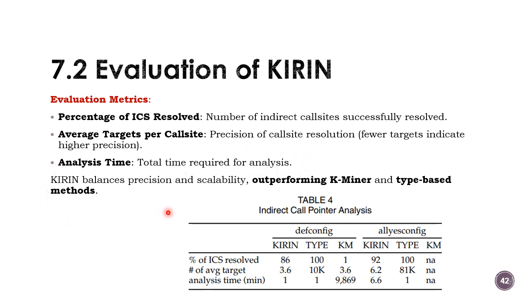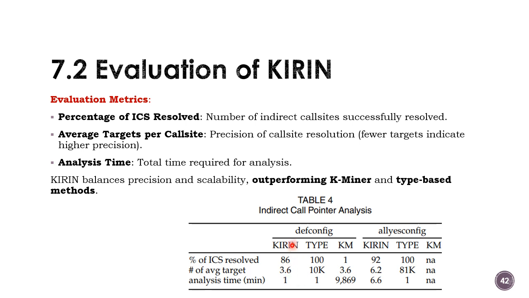And eventually, in the results, as can be seen in table 4, Karen can balance precision and scalability, outperforming K-Miner and type-based methods. K-Miner is another static analysis tool, mainly focusing on privilege escalation vulnerabilities, so the concept is a bit similar. But the type-based method is a completely different concept because it only detects the type of the function, so on metrics like average targets, it just fails so hard.